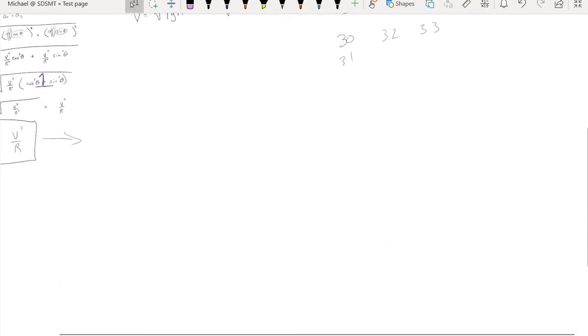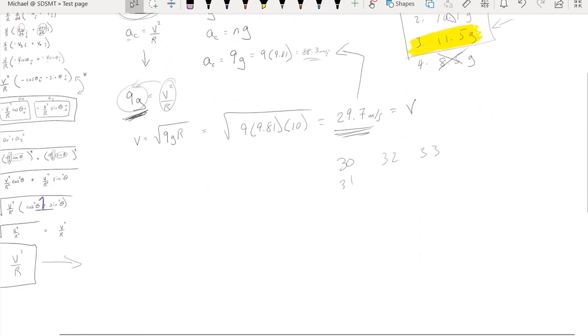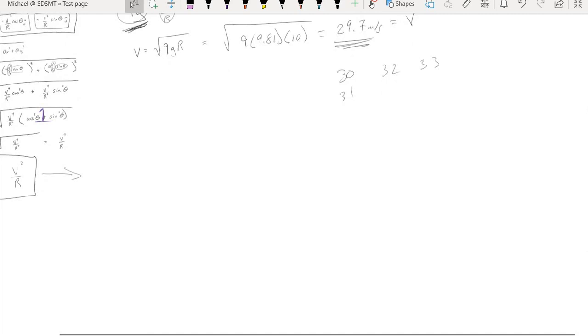Alright, so what else could we do? What else can we do with this centripetal motion stuff? Really anything involving circular motion. So we have our radius r, we have a speed of v, and we have centripetal acceleration.